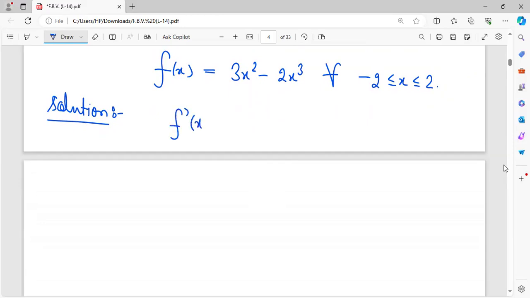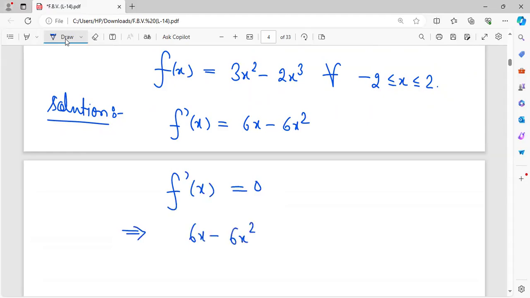The derivative is 6x - 6x^2. So when the derivative is 0, this implies 6x - 6x^2 = 0. I can take 6x common, so 6x(1 - x) = 0.